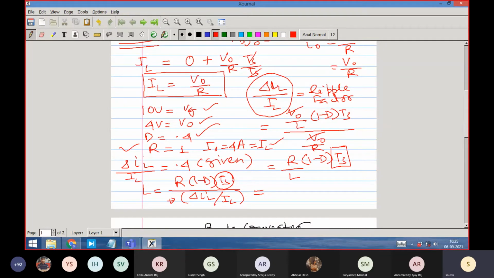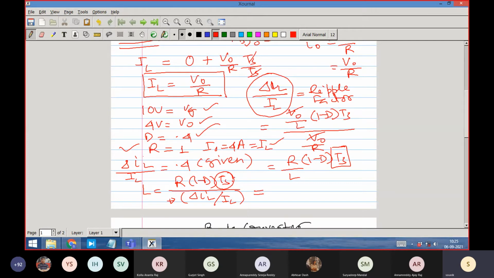Because if you choose a low value of Ts, you will get a low value of the inductor. And a low value of the inductor implies that you will still be able to maintain the ripple. That is not a problem. But the size of the converter will come down because the value of L required is coming down as you choose a low value of Ts.